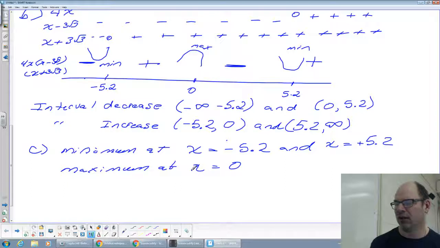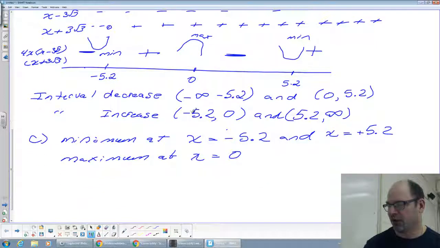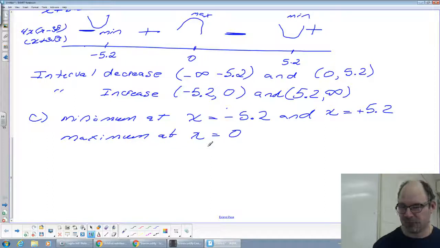Now, that might be an inflection point there, depending on the situation, but it might be a local maximum. If it ends up being an inflection point when we check E, we'll have to knock it off our list.